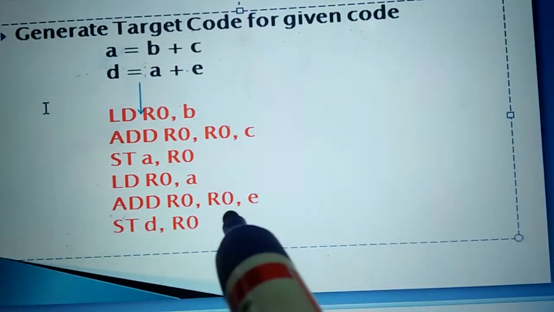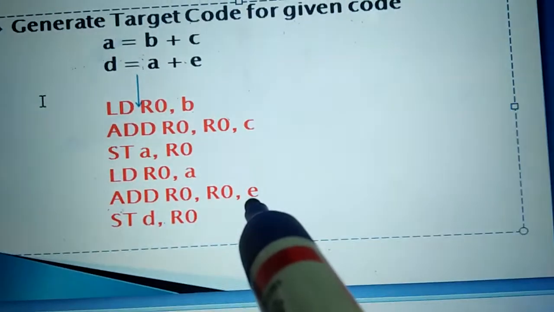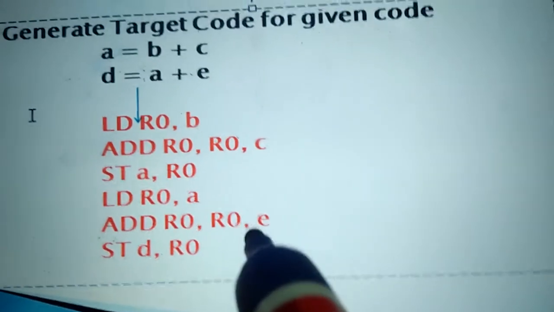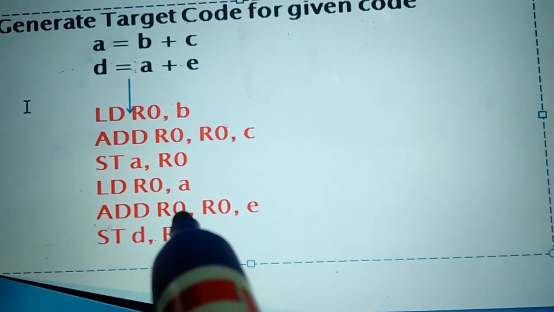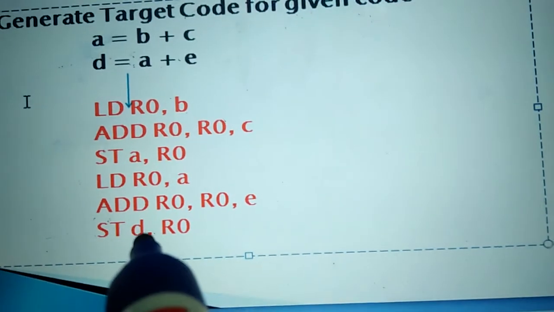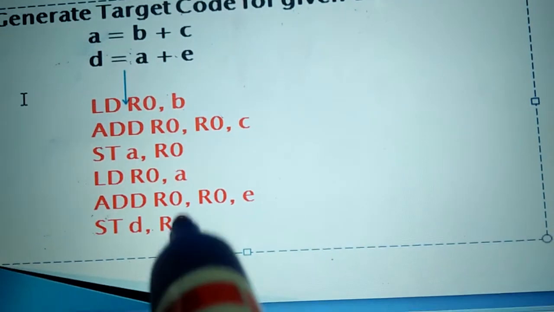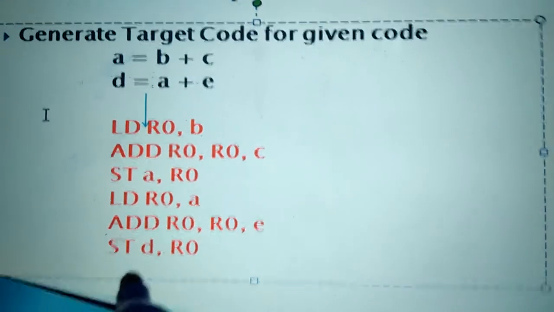Whatever value is stored in R0 is being added with E. And the added value in R0 is again stored in D by using the instruction called ST.